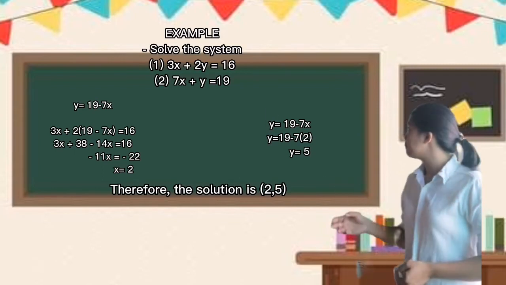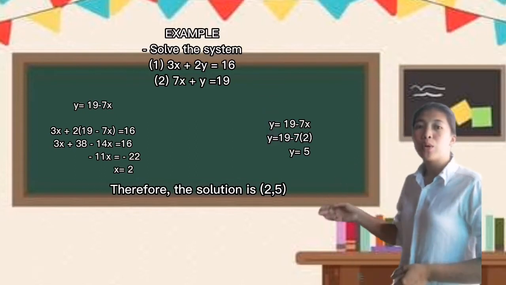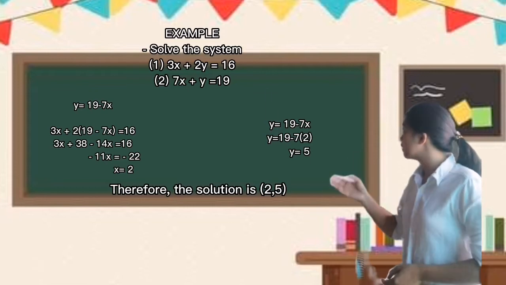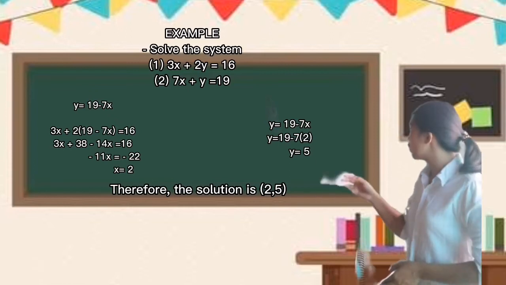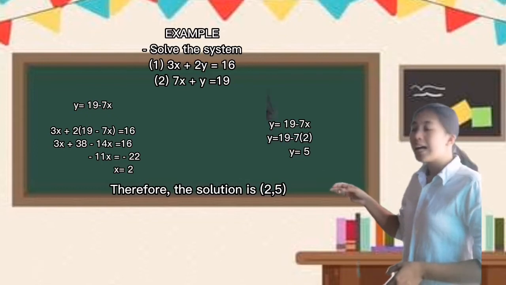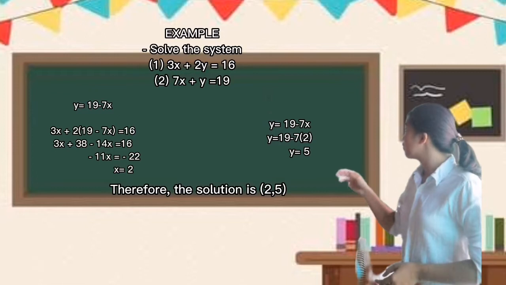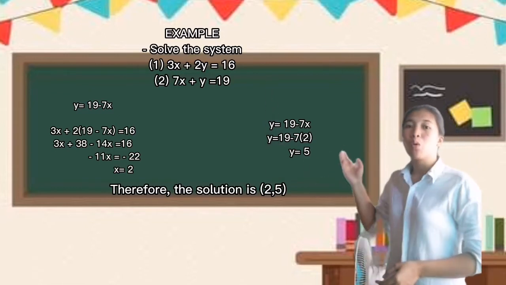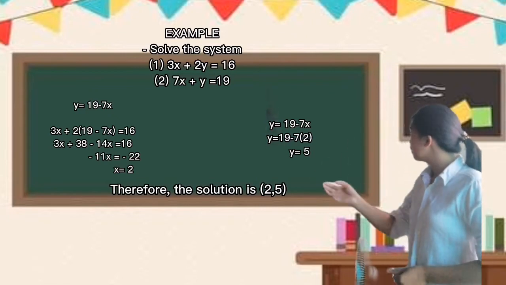The next step is to substitute the expression for y. So we have 3x plus 2 times the quantity 19 minus 7x is equal to 16. So we have 3x plus 38 minus 14x is equal to 16. Transpose 38 to the right side.